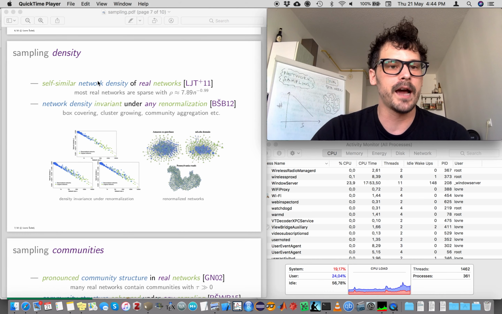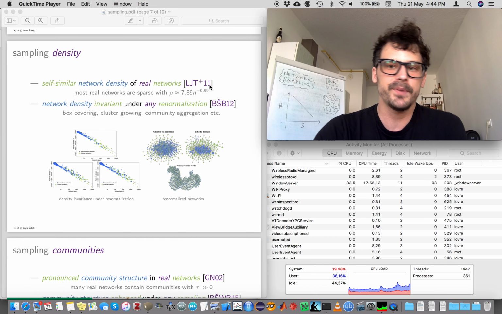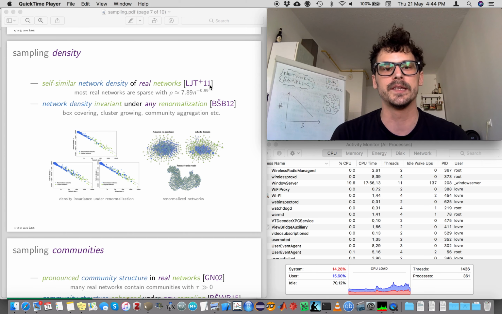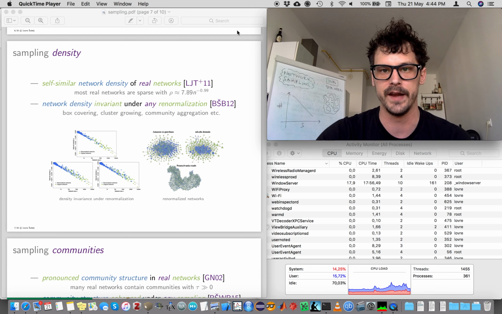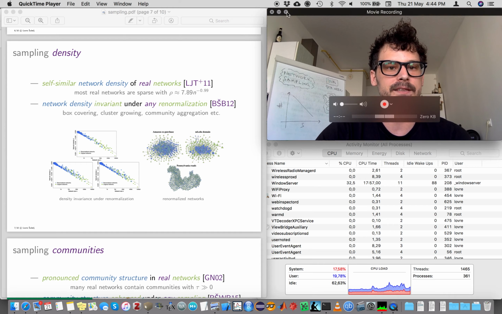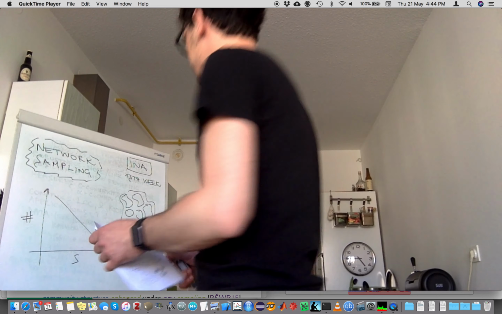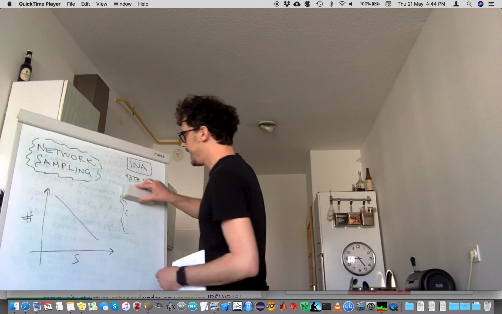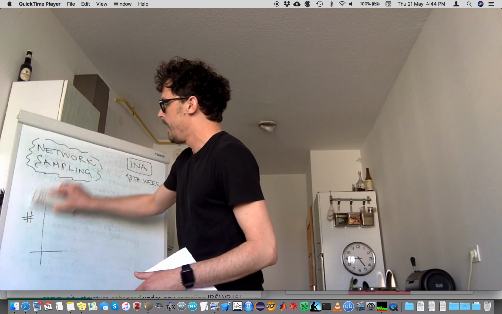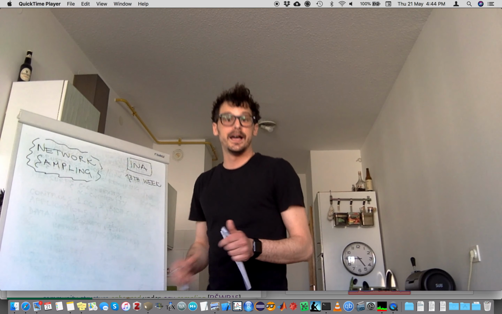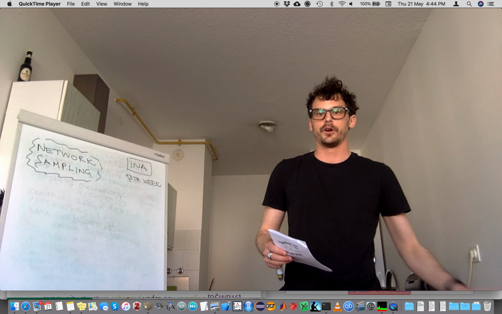So firstly, regarding the density, there was a paper 10 years ago showing something they called a self-similar density of real networks. We know that real networks are sparse, and they actually showed that the density follows a power law relation with the size of the network.